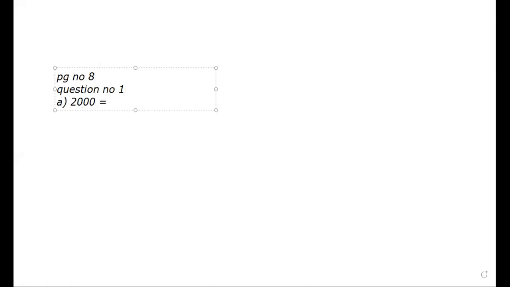Then they write plus, then 600. After 600, we have to fill the box, fill it by yourself. And the last one is 8.